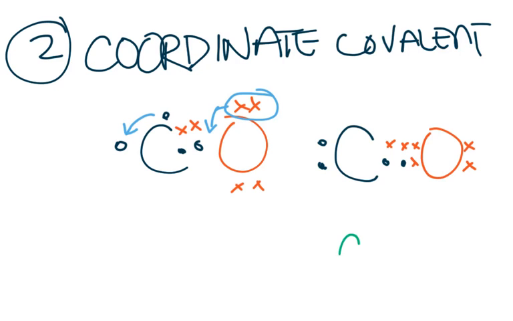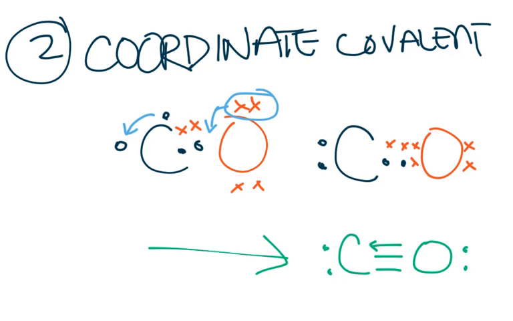So it is still a triple bond, okay? I still draw it just like I would a triple bond, but what happens is we have like a special notation for it. You'll see an arrow on one of the triple bond signs to show you that the electrons came in that pair right there from the oxygen. Now, this is not something I expect you to do, not at all. It's just an exception that I want you to know is out there and something I want you to be able to recognize if you see that kind of notation.